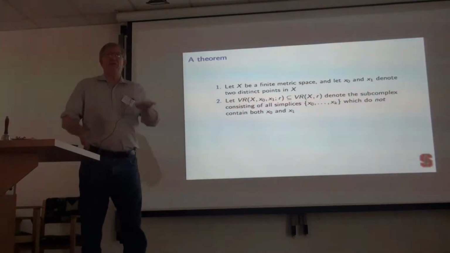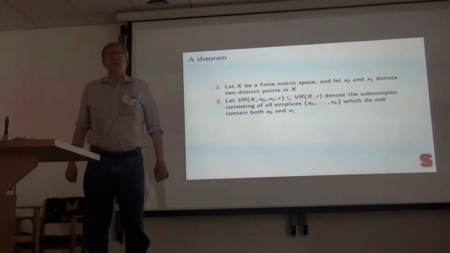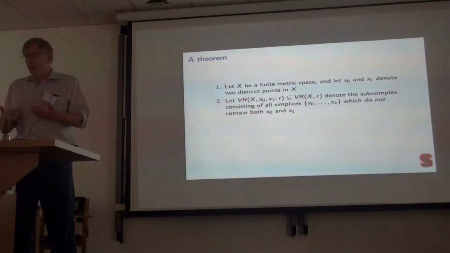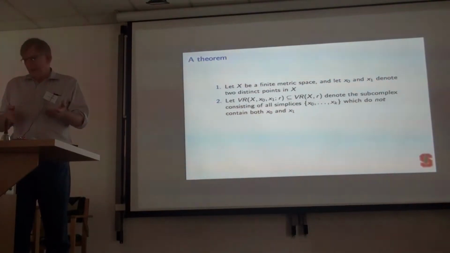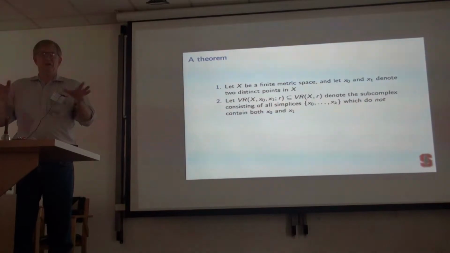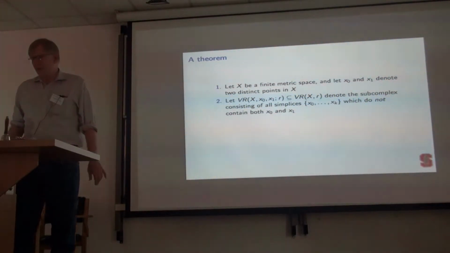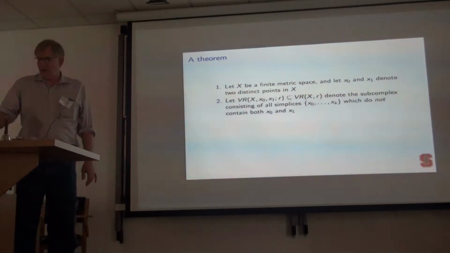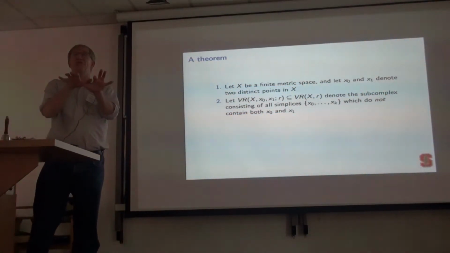So they're going to fail to contain one of them. Notice that subcomplex is a union of two things: one which would be the Vietoris-Rips of X minus x0, and the other would be the Vietoris-Rips of X minus x1. The two overlap in something even smaller. So this complex that I've described here is in fact a union of two chunks.